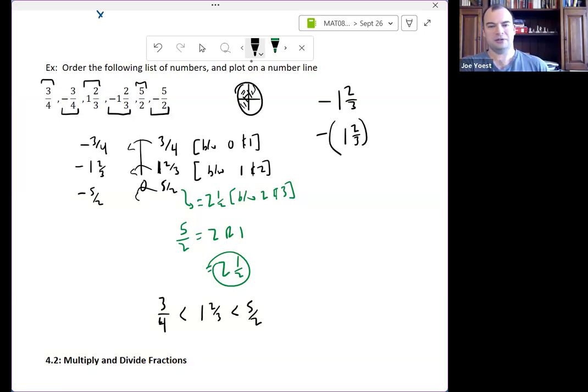So on the negative side of things, the ordering is kind of reversed of what we might expect. In other words, the negative 5/2 falls between -3 and -2. The negative 1 and 2/3 falls between -2 and -1. And the -3/4 falls between -1 and 0.